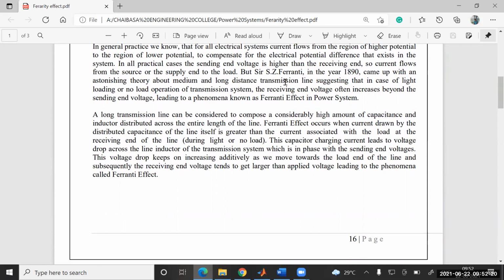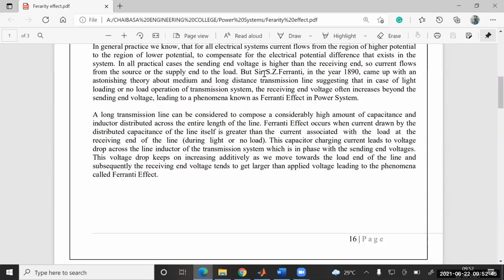What we are sending and what we are receiving will be different because of the losses. There will be the transmission loss, the heating loss, the I squared R loss, whatever you call it. So the current flows from the source or supply to the load.